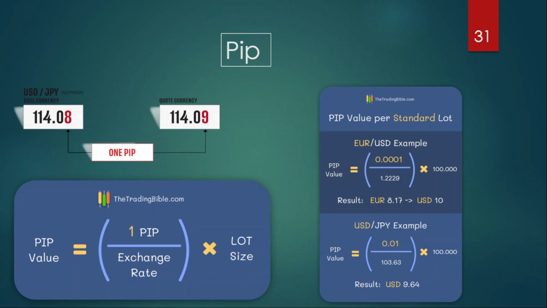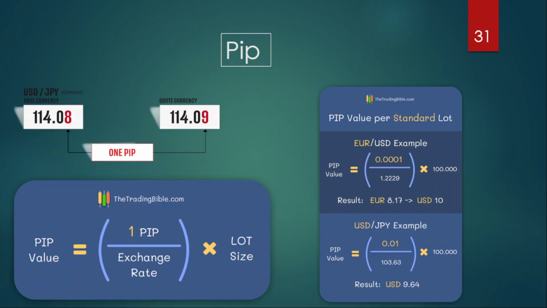So you will say pip value is equal to 0.0001 divided by the exchange rate. The amount of pips in this case is 1 pip, which is 0.0001, and then divided by the exchange rate.